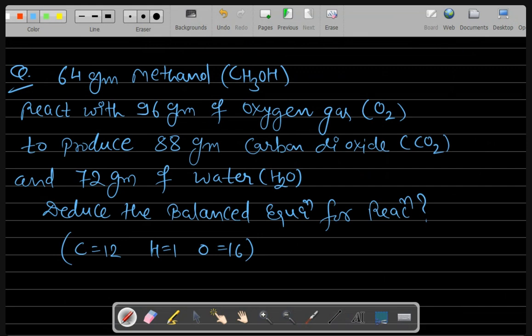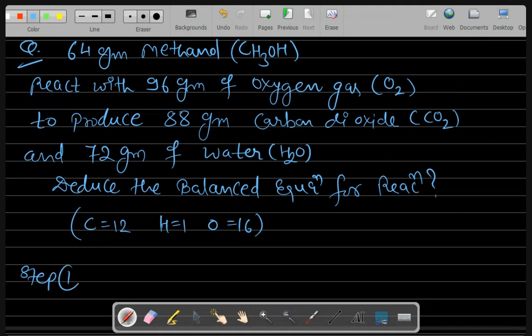Before writing the equation, you have to find the number of moles, right? For finding the number of moles, mass is already given, so you need molecular masses. We find the Mr and divide the grams by it. First of all, step one should be finding the molecular mass of every reactant and product, right?